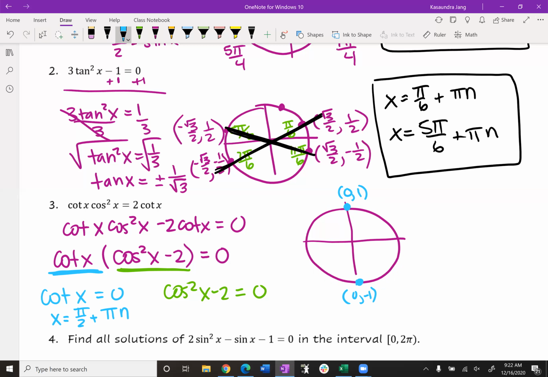I need to solve the next one. This one I got a little work to do. I need to add the 2 over, and I need to take a square root. Plus or minus when I do my square root. Except for, did anybody put the square root of 2 in the calculator? It's probably a messy decimal, but what is it?